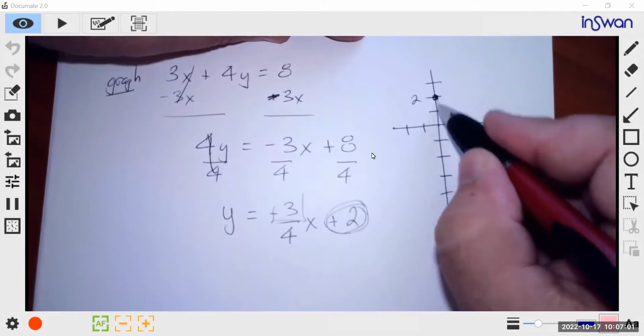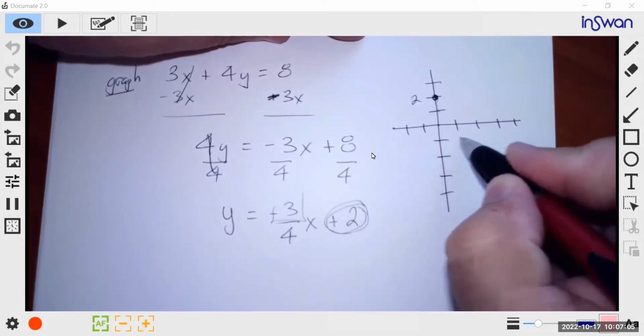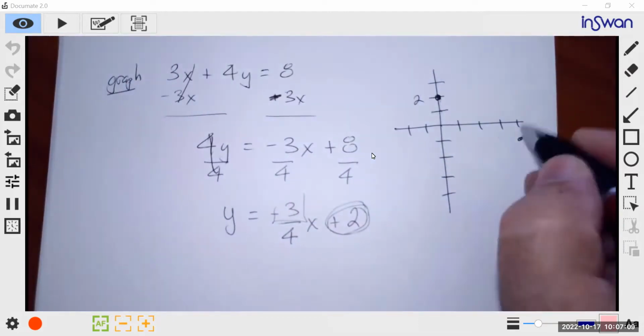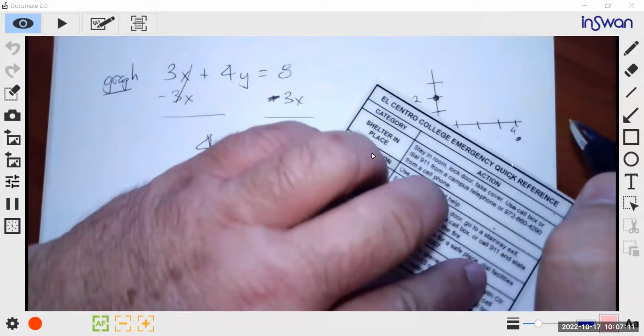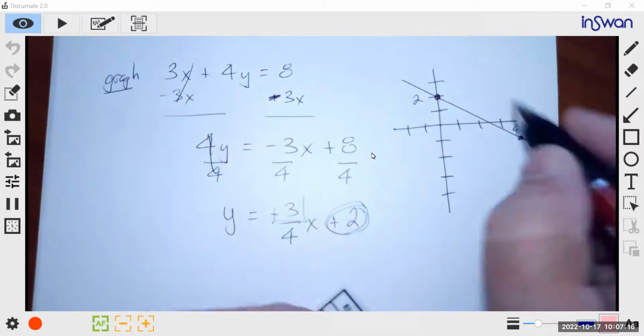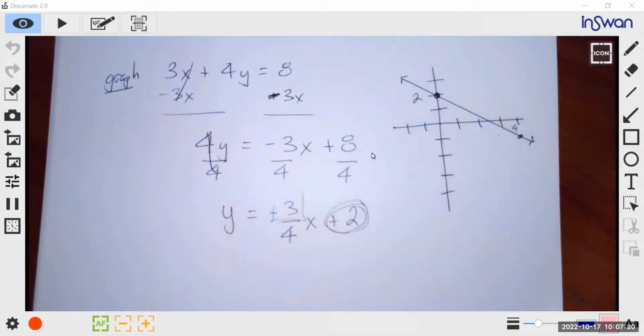From this point, go down 3 spaces, and then to the right 4 spaces. Very good. So we go down 3, to the right 4.